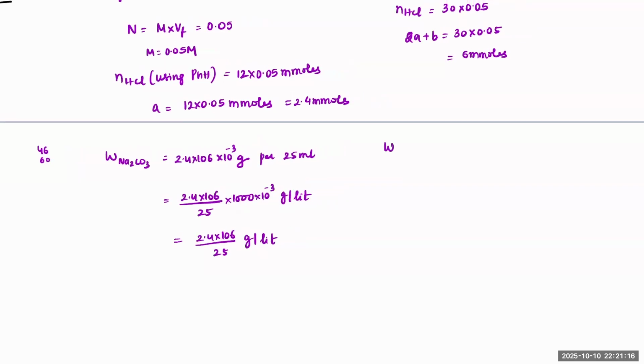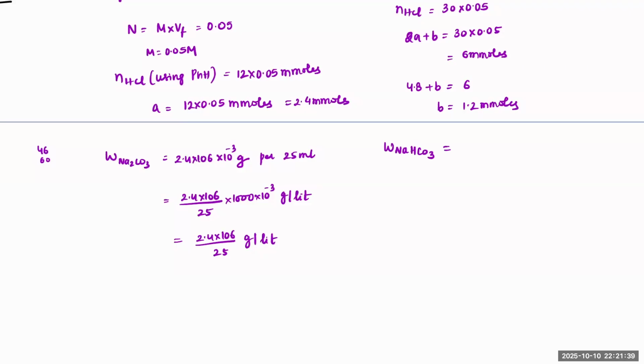What about the weight of NaHCO3? Got it? So here first you calculate B. See, this is 4.8 plus B is equal to 6. So B is equal to 1.2 millimoles. Got it? So that is equal to, same logic here.